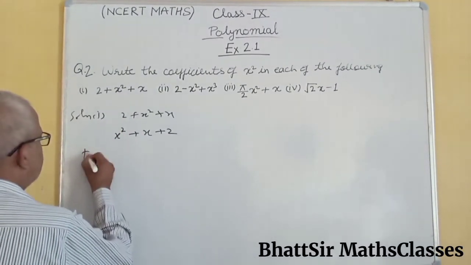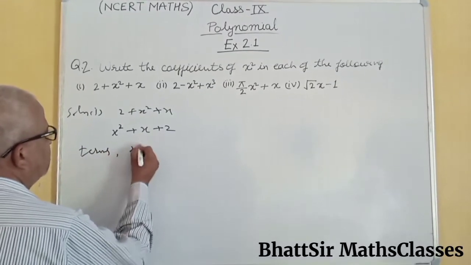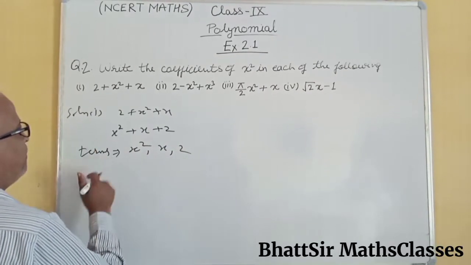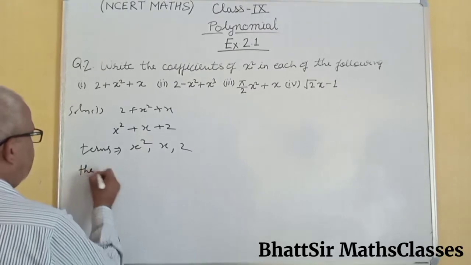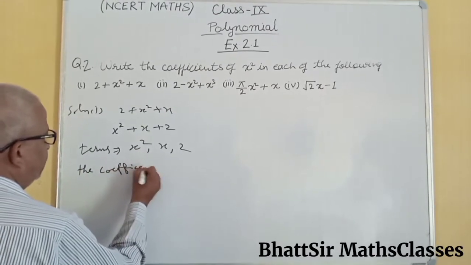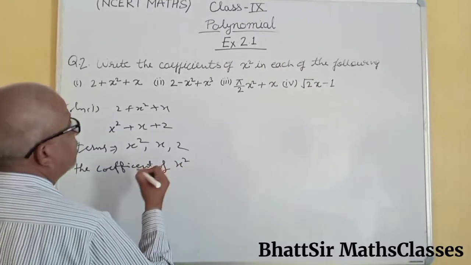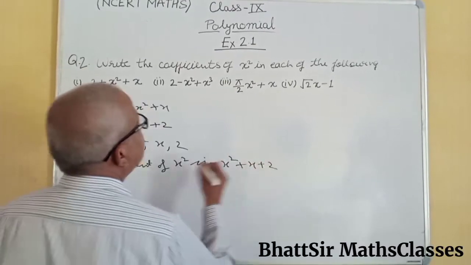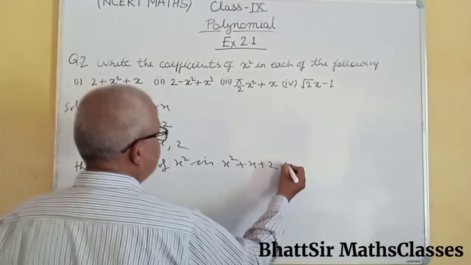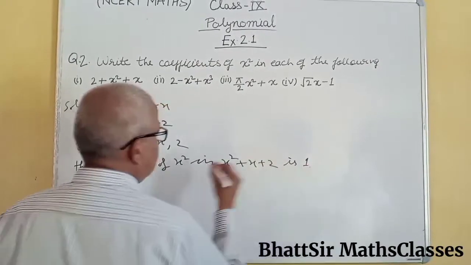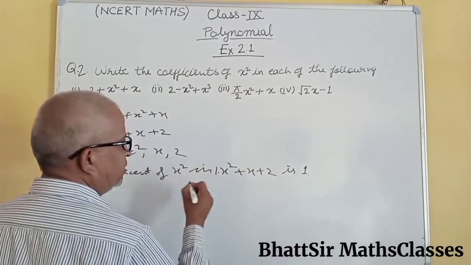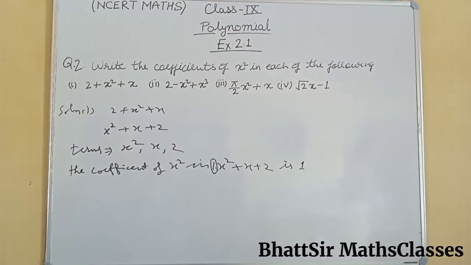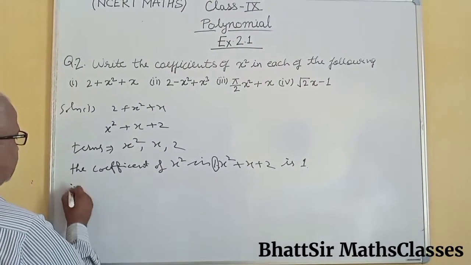The terms are x square, x, 2. The coefficient of x square in x square plus x plus 2 is 1. Okay, so now I am attending the second part.